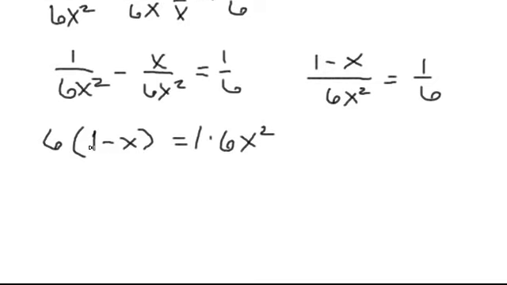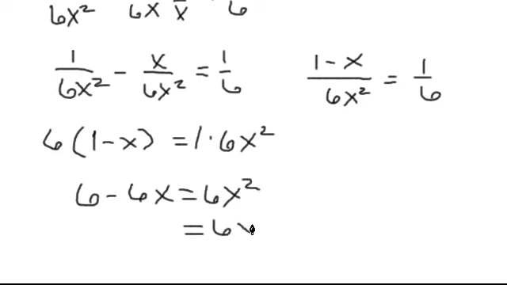Now I'm going to distribute this 6 across, so we have 6 minus 6x is equal to 6x squared. Now I'm going to take this negative 6x over to the right hand side, so that becomes positive 6x, and then I'm going to take this positive 6 over here, and it becomes negative 6.